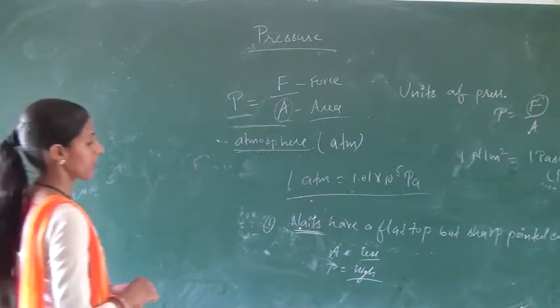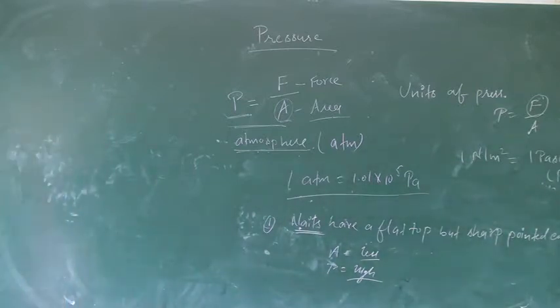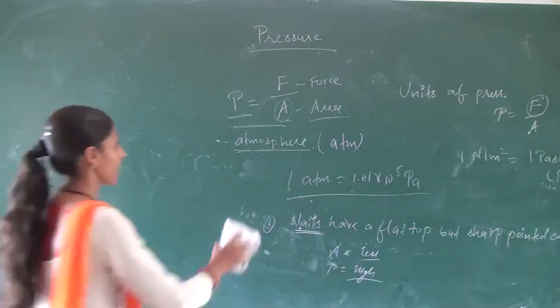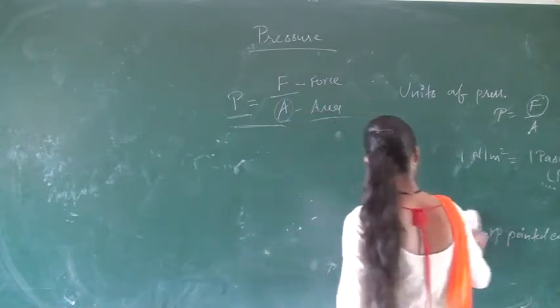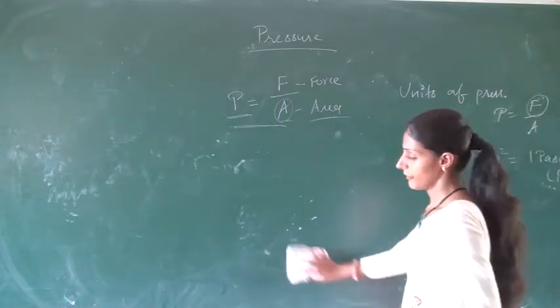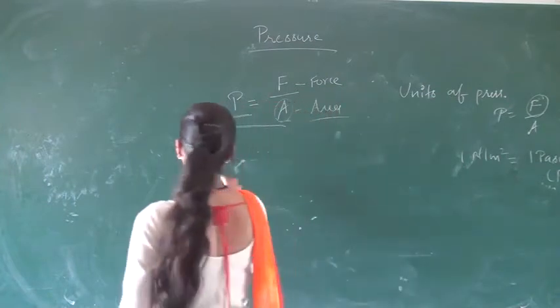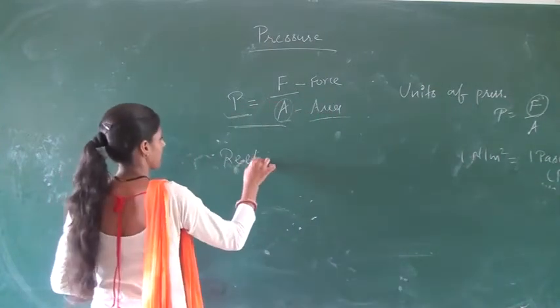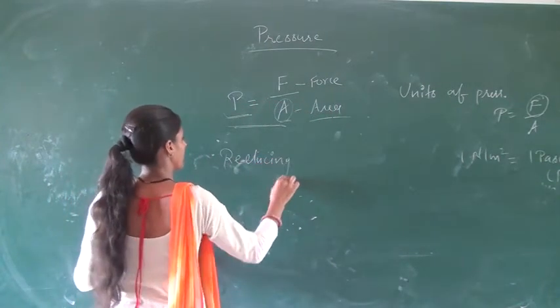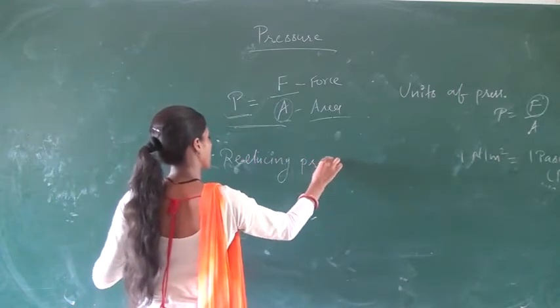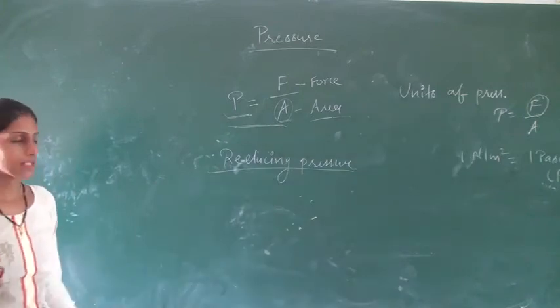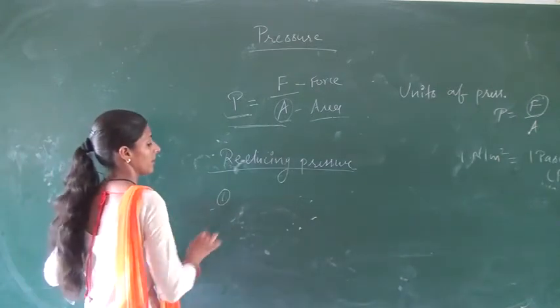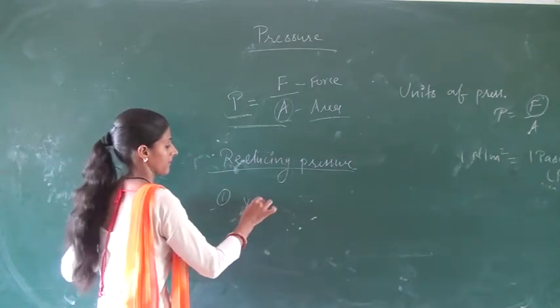how do we reduce the pressure? Vehicle brakes have a flat surface. Due to the flat surface of the vehicle brakes, we can reduce the pressure. Here we explain some examples where pressure is reduced.